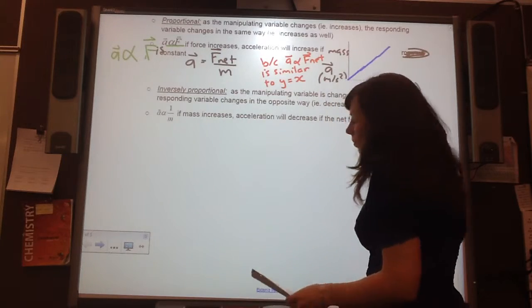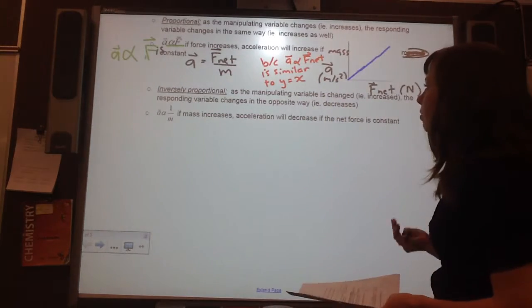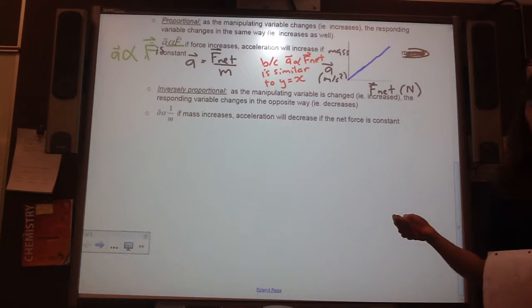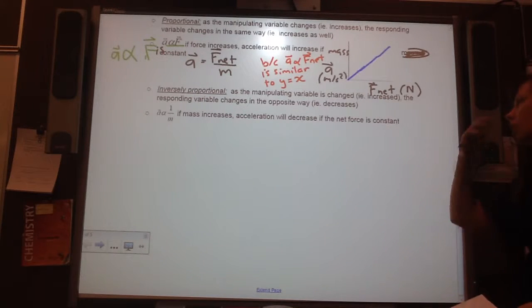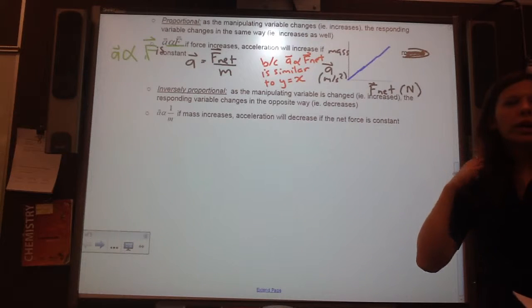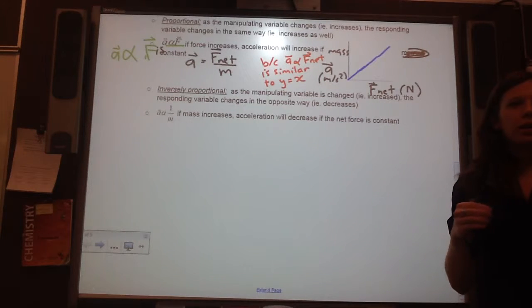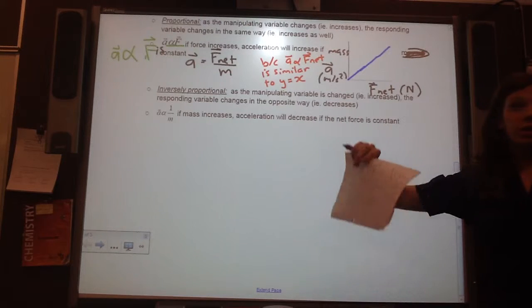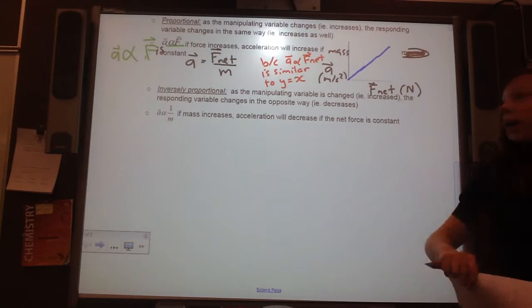Now, comparatively, inversely proportional means that when one increases, the other decreases. So the more carrots I eat, the less fat I get. So one increased, the other decreased. Okay?